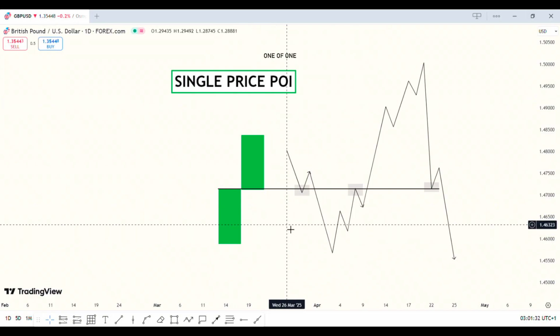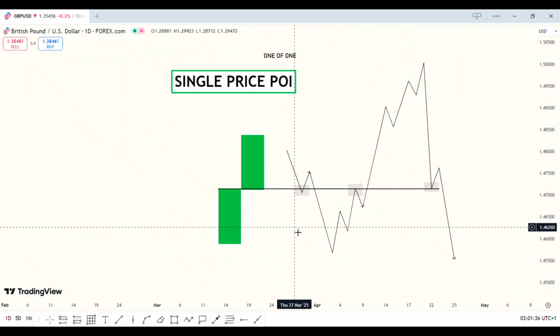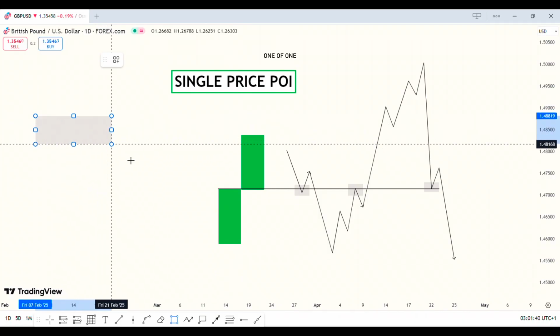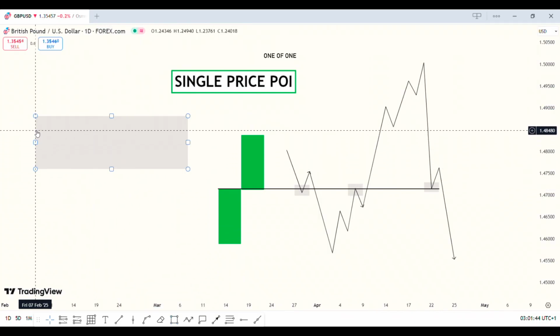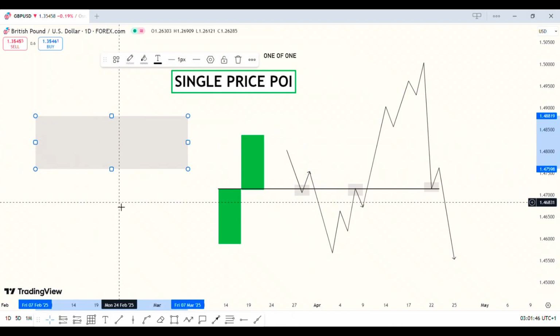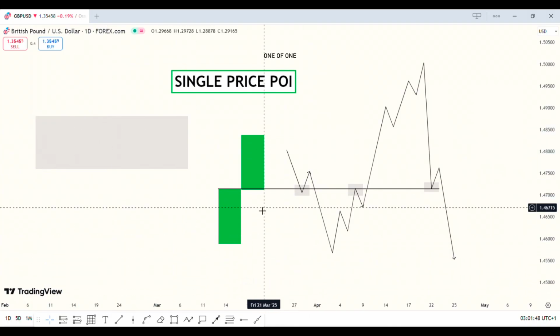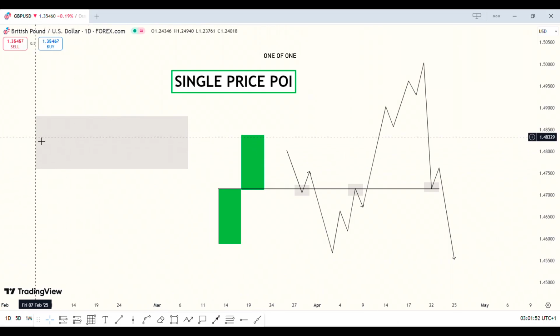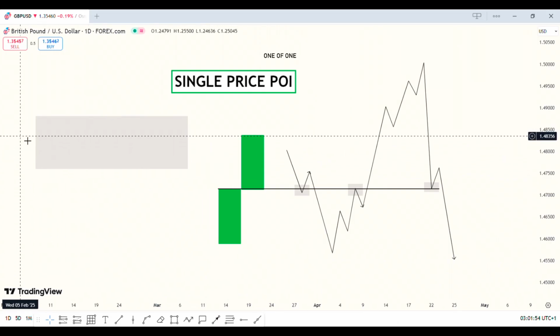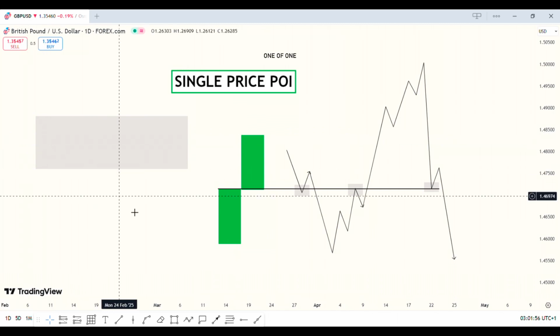So basically, in summary, what we are going to be looking out for is within our zone, or within our major POI. Let me call this zone the major POI. We want to look for closing prices within that zone, and of course we can look far towards the left for confirmation.